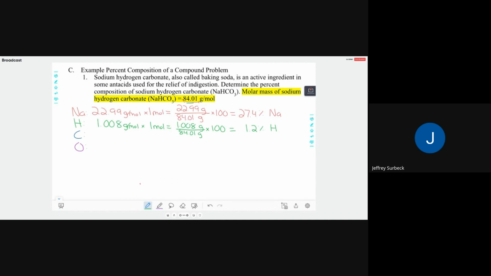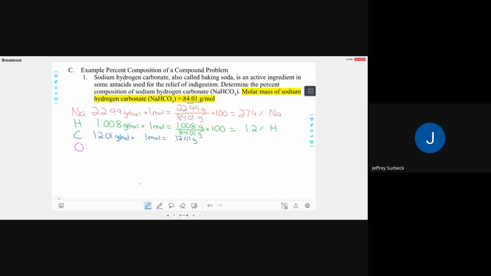Okay, moving on to carbon. Carbon, another element here, has the molar mass of 12.01 grams per mole. We multiply it by how many carbons? 1. And so we still get 12.01 grams.